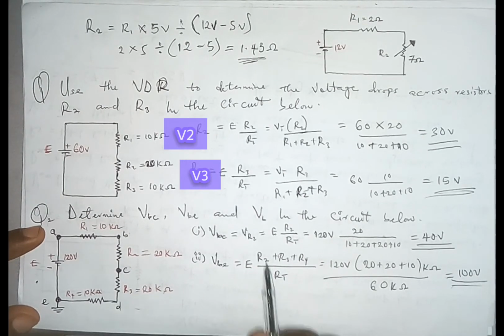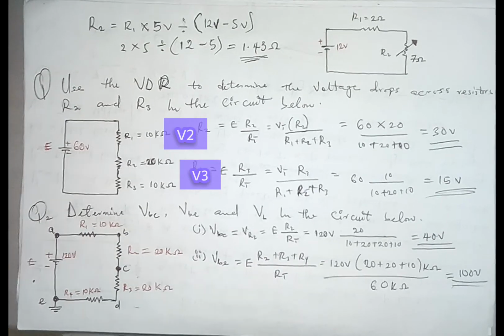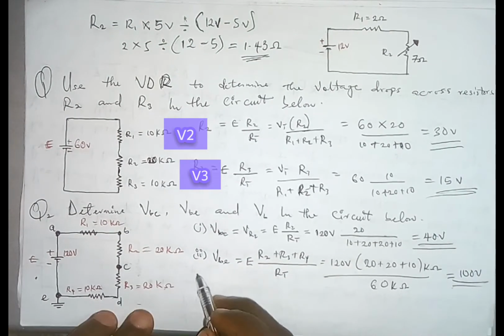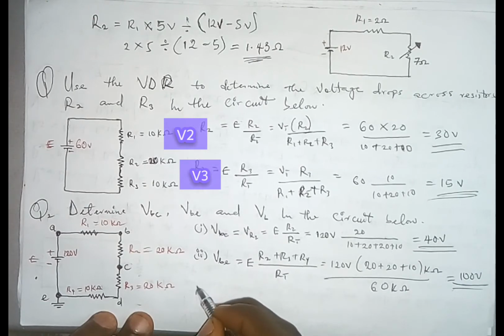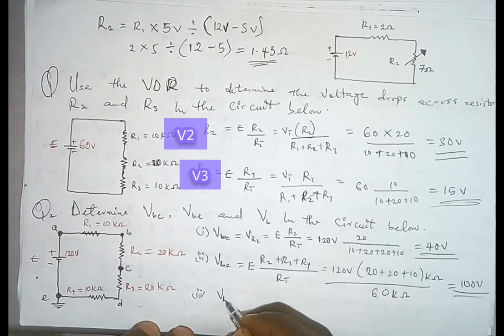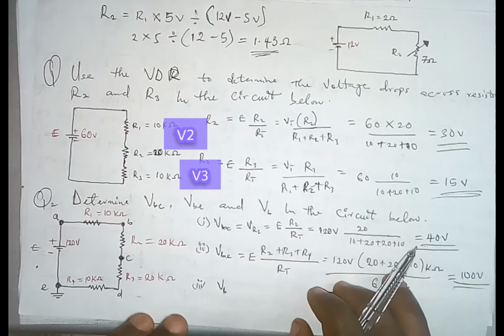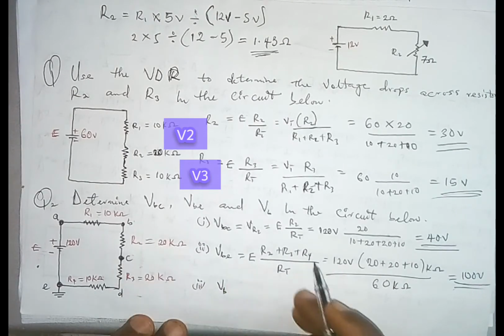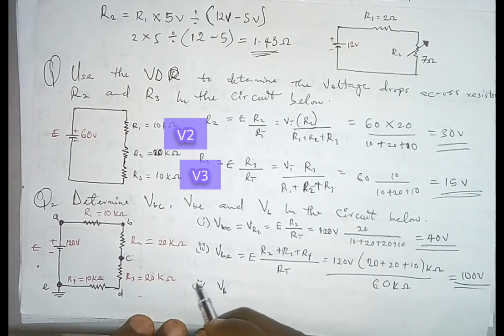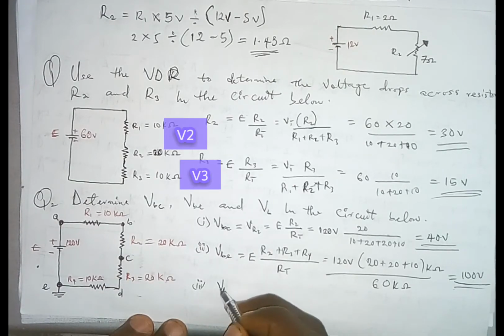The last but not the least is VB. For the third case, we are meant to look for VB. If you look at the whole circuit, VB is an unknown in this equation and in this circuit.